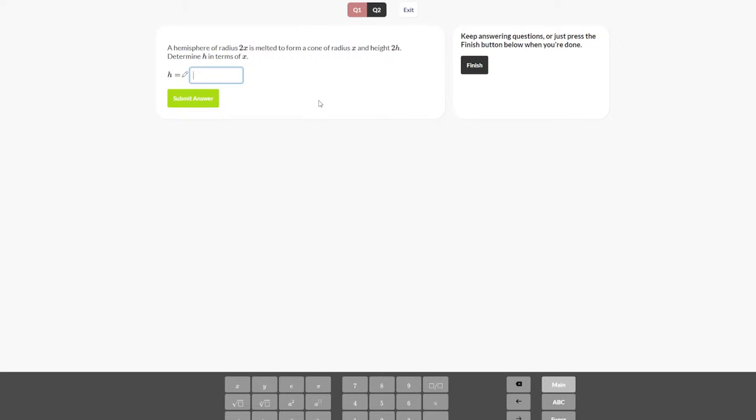That one there's 5x. 12x is 180, so x is 15. Yay.